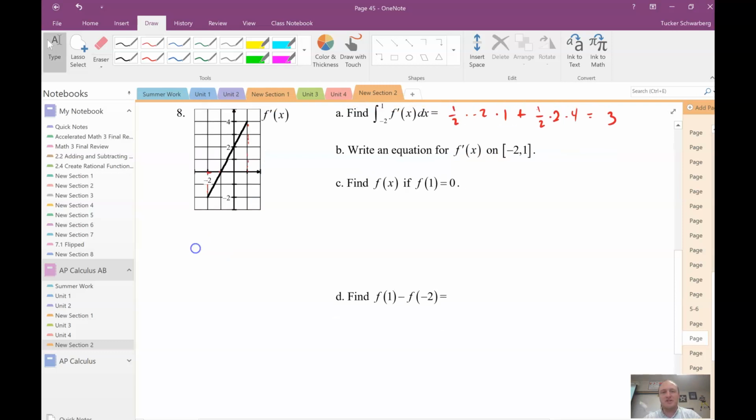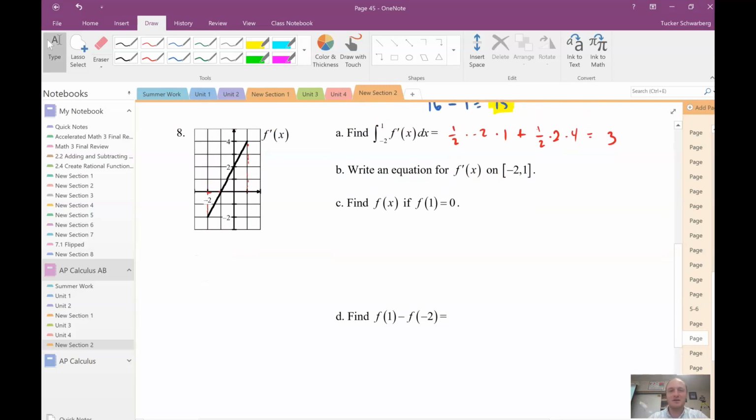Part B, write an equation for f prime of x on the interval -2 to 1. Well, this is a straight line. You have a y-intercept at 2, so f prime of x is equal to 2 plus the slope. I'm rising 2 over 1, so that's 2x plus 2.